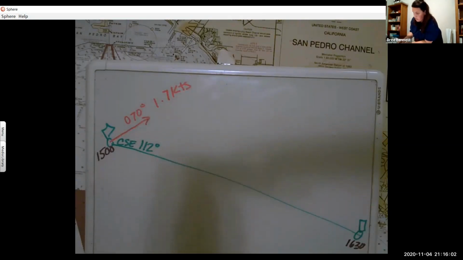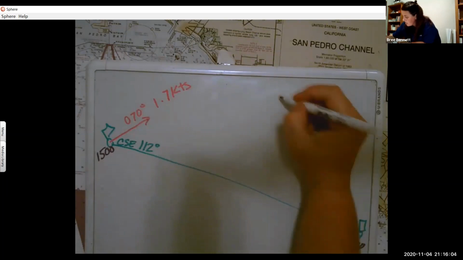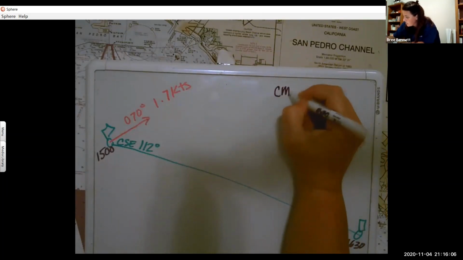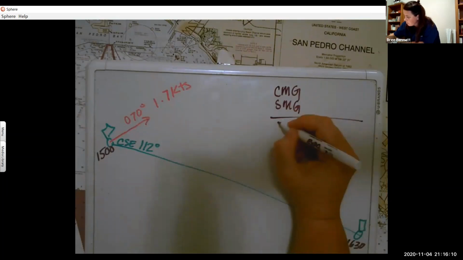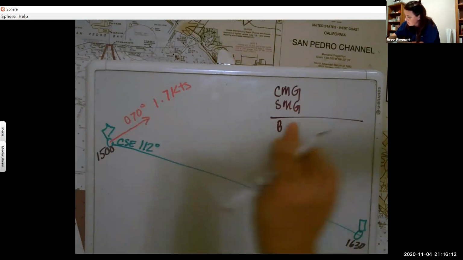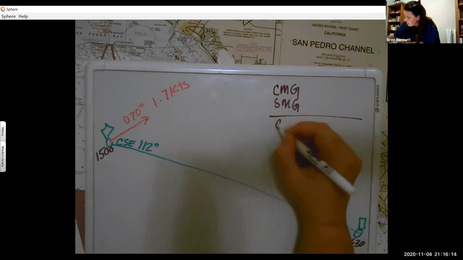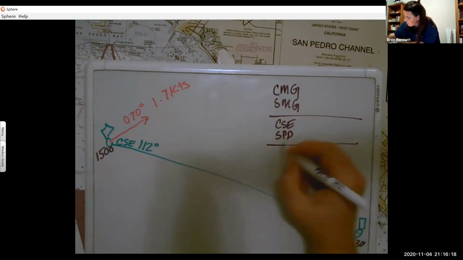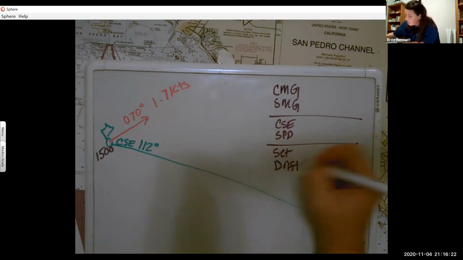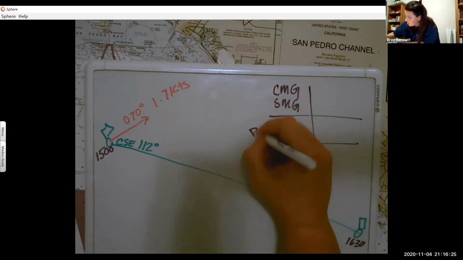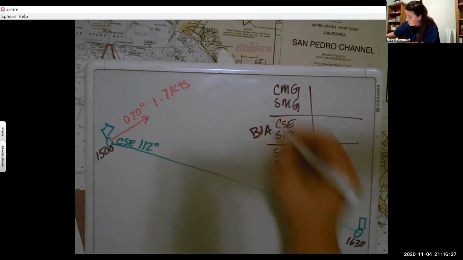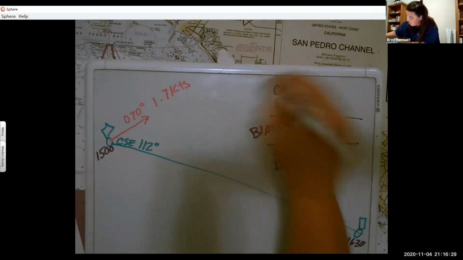So I am going to create my course made good, speed made good, boat. So that would be my course, my speed, my set, my drift, boat, et cetera.